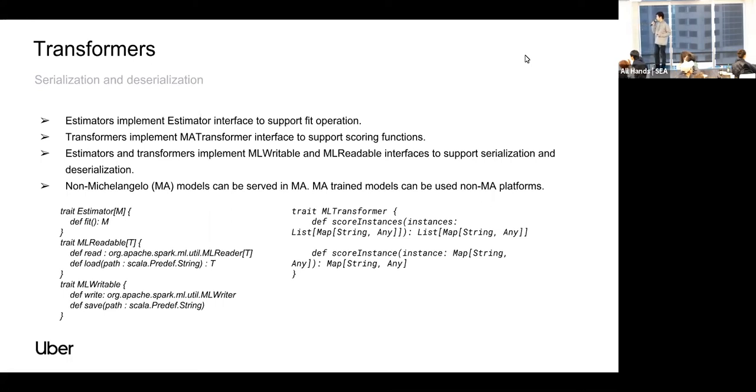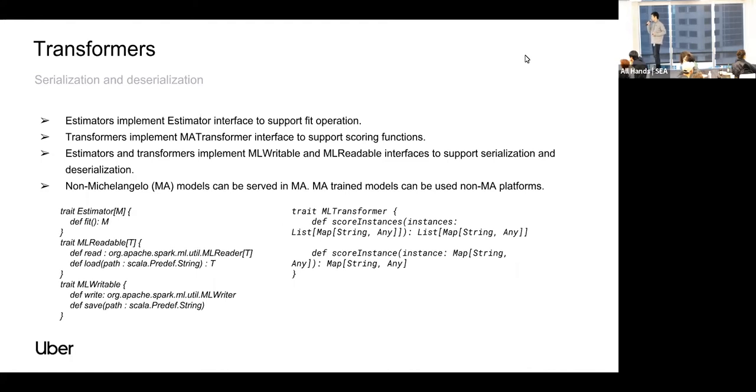Why? Because we want the estimators and transformers to be serializable to external storage and deserializable as well. The ML transformer interface defines two interfaces, score instances and score instance. Score instances is just a scoring function for a batch data set.